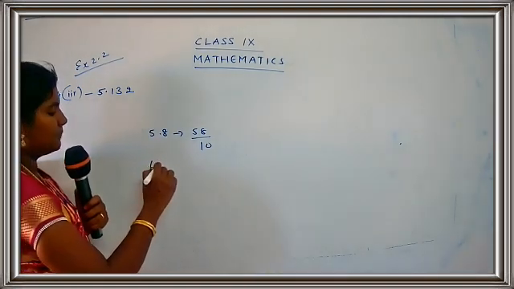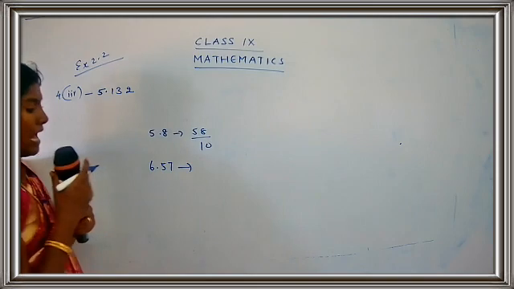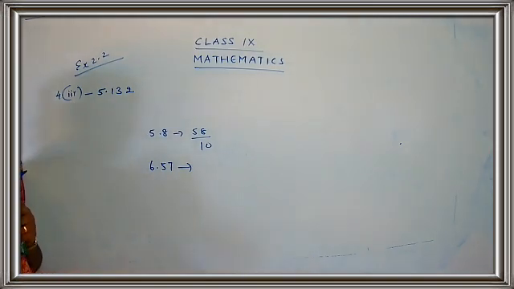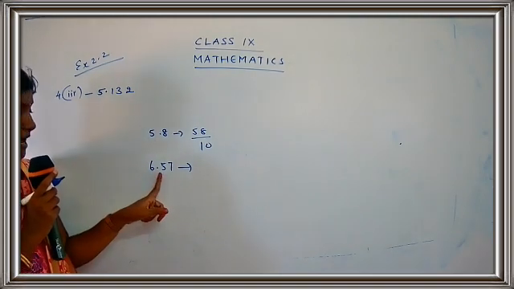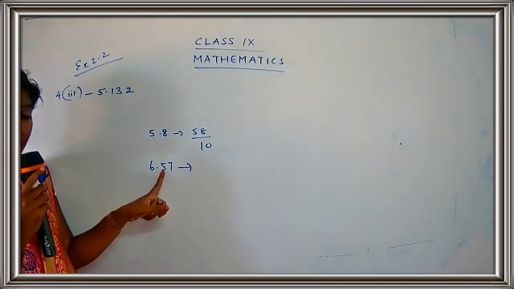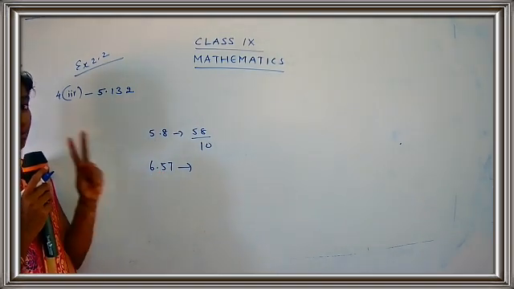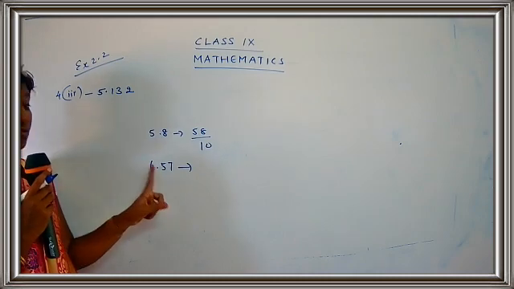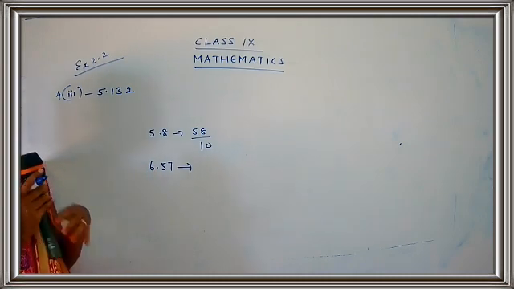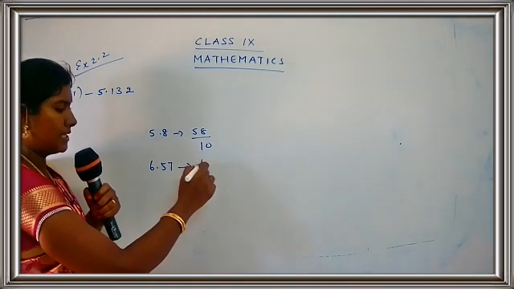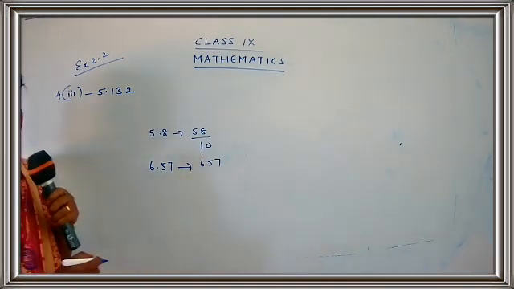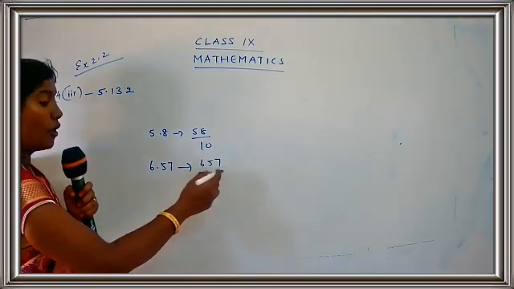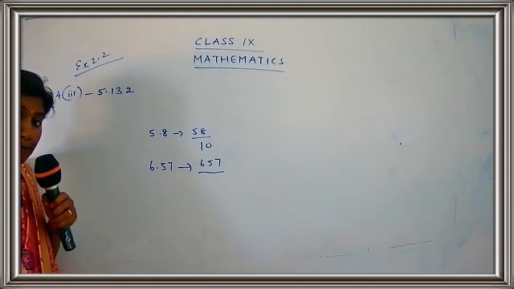If you have 6.57, I have to write this in terms of a rational number. I am just going to remove the decimal point from here. How many numbers are present after the decimal point? 1, 2. So two numbers after the decimal point. So the first thing is remove the decimal point, so I get 657 upon how many numbers were present after the decimal point? 2.